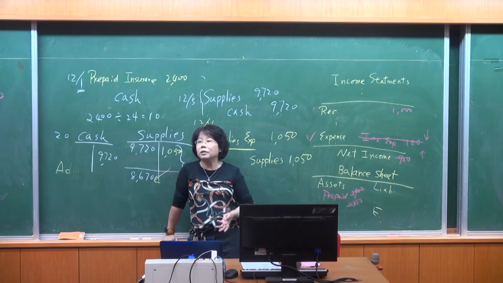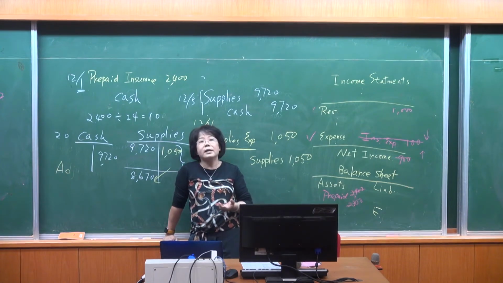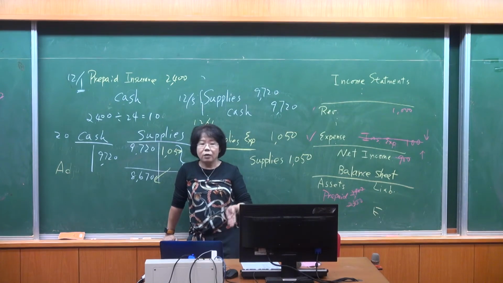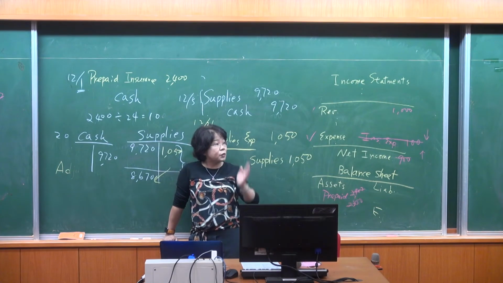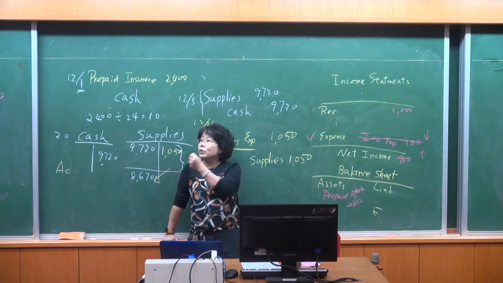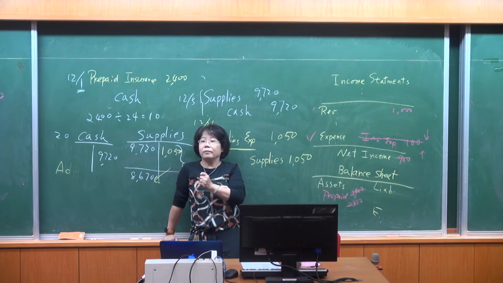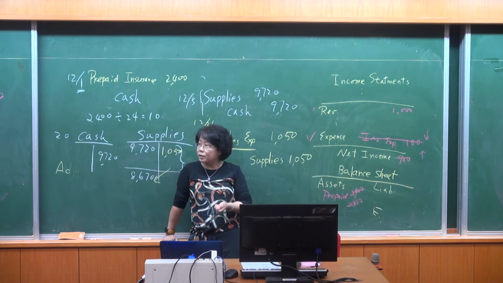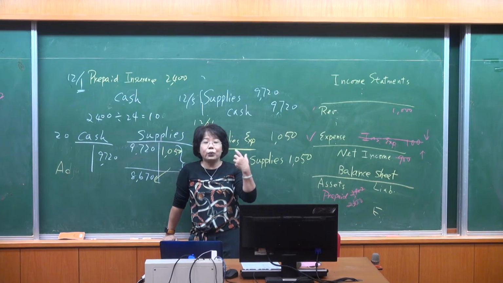The more you order, the more discount you receive. So you can say we have prepaid magazine or prepaid subscription, which is the prepaid magazine fee. Once you receive the magazine, it goes to magazine expense, and your prepaid magazine will be reduced.